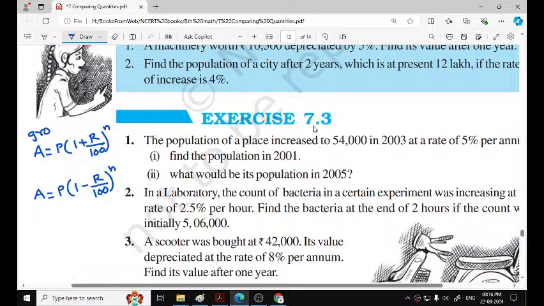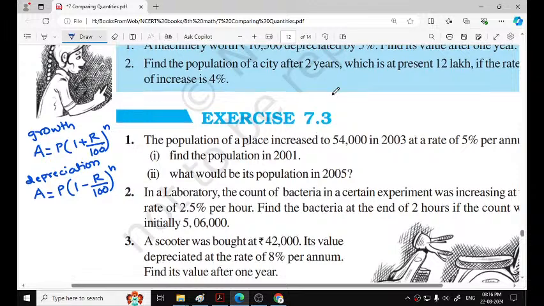This is for growth, and this is for depreciation. Growth means increase in number, and depreciation is a decrease in number. Now the value of any vehicle or any machine decreases after a number of years. That is called depreciation.